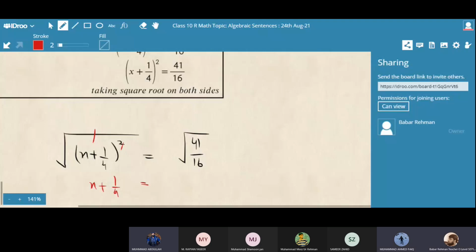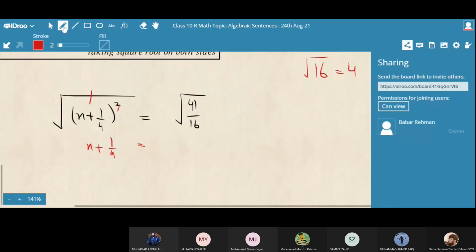No, it cannot be applied on 41, but it can be applied on 16 because we have the square root of 16, 4, an integer number, but we don't have an integer number for root 41. So what can I write as my answer? I can write it like this. Root 41 should be the same, but instead of this I will write 4. Okay? Instead of this I will write 4.